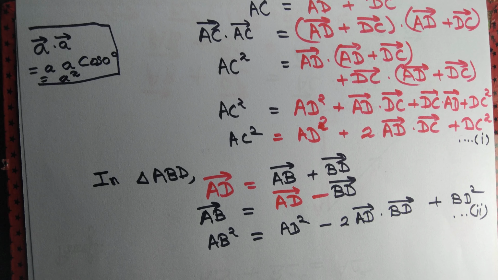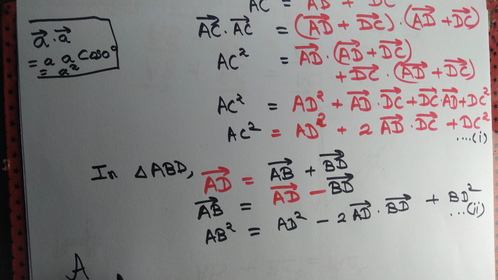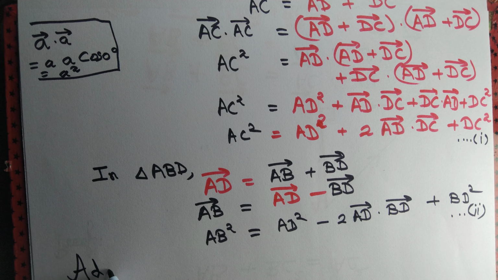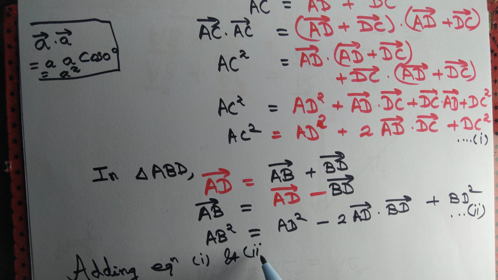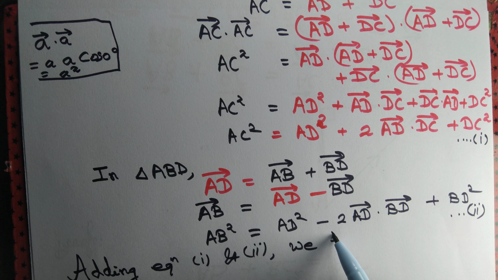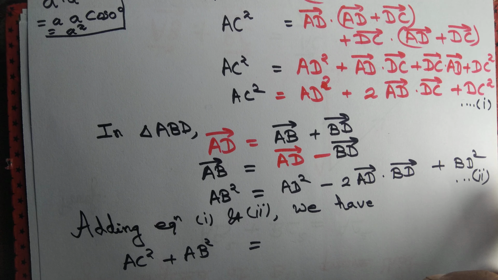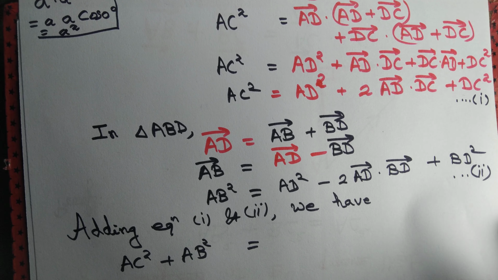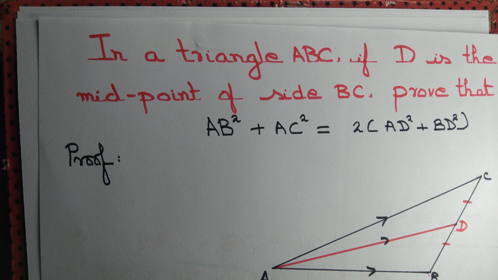Adding equation 1 and 2, AC square plus AB square, that's your left hand side of what we need to prove.